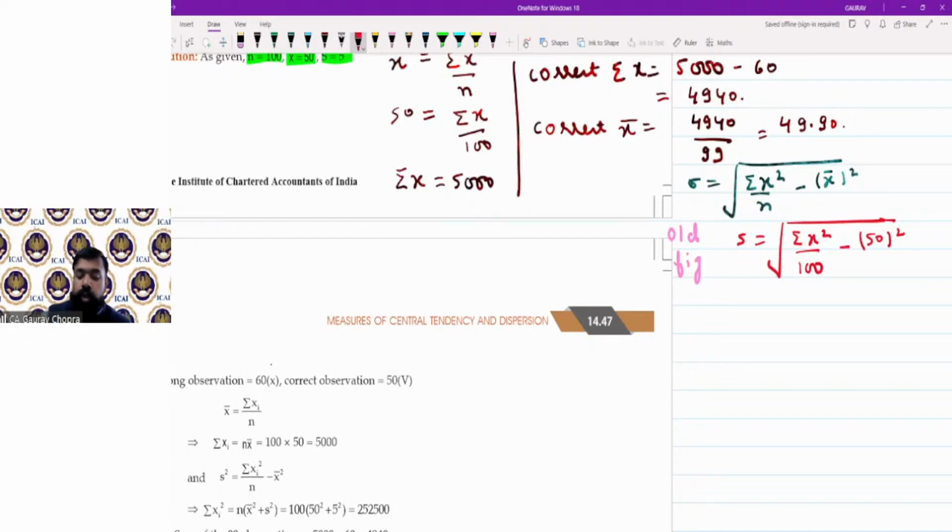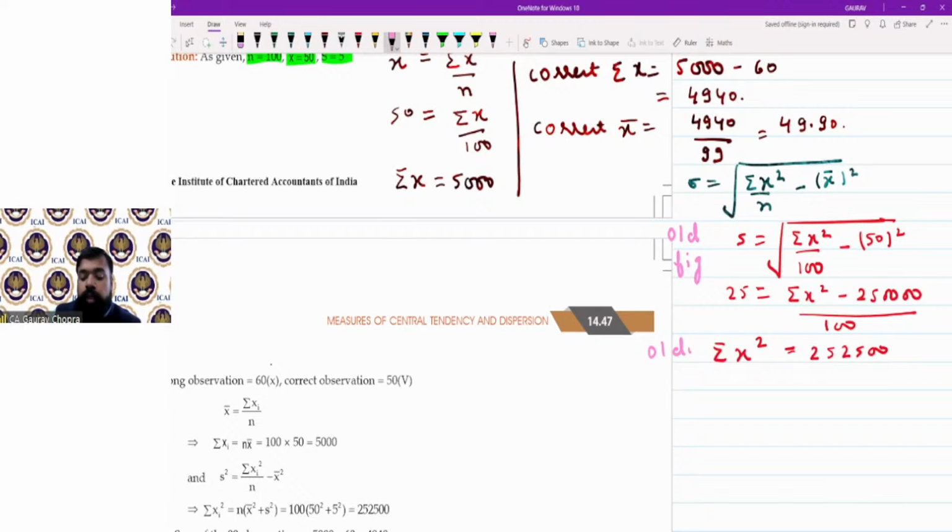Squaring both sides, the root will get removed. So sigma x square upon 100 minus 2500 equals 25. On simplifying, we get sigma x square equal to 2,52,500. This is the old figure.